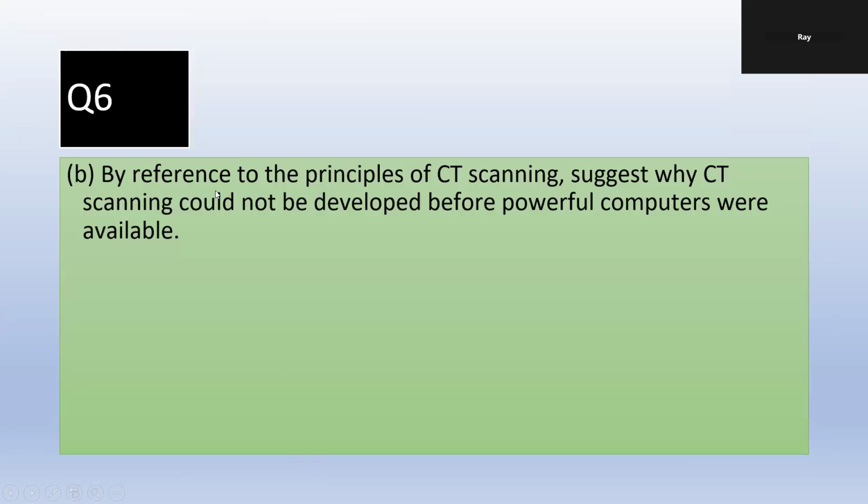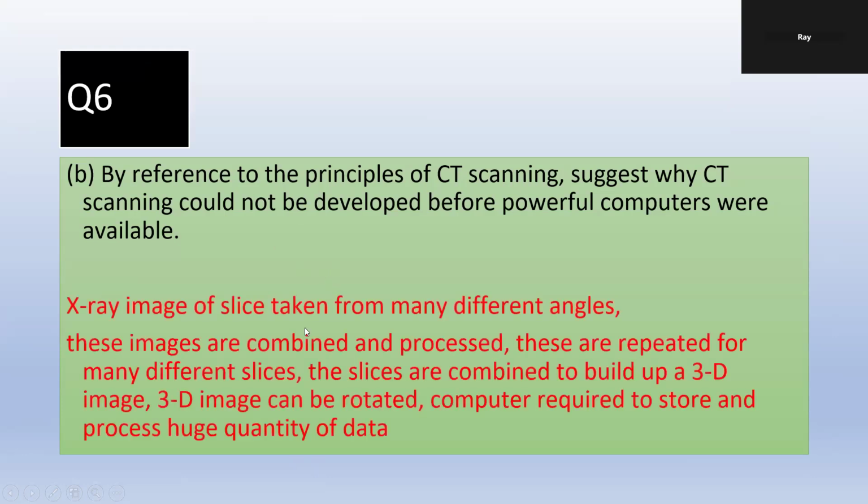By reference to the principle of CT scanning, suggest why CT scanning could not be developed earlier. I think we have gone over that already. Right? So I just give you the answer. Anything not clear? No, that's all right. CT scan, instead of on photographic paper, you have to build the image in a computer.